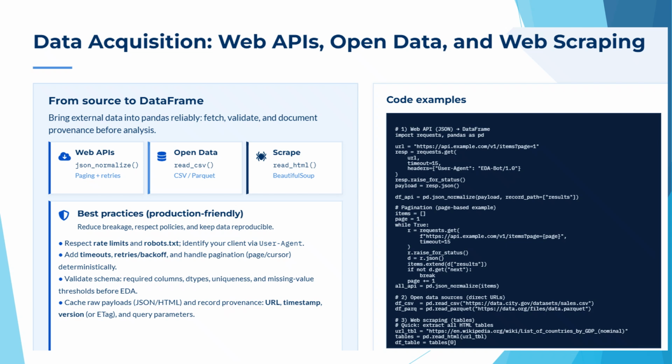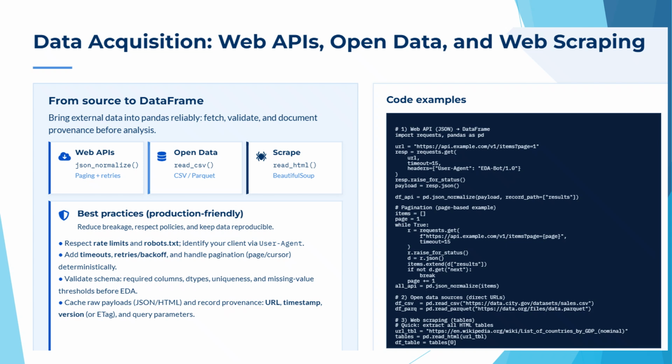Each method has its own advantages and challenges, and choosing the right one depends on the structure and availability of the data. When acquiring data in real world applications, it is important to follow best practices to ensure robustness, reliability, and compliance. Respecting rate limits and rules specified in robots.txt is essential to avoid overloading servers or violating usage policies.